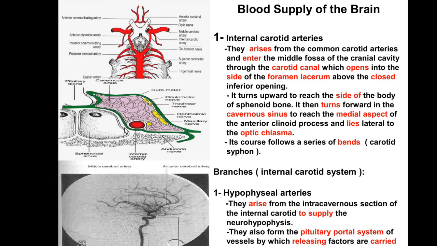Here you can see the internal carotid artery lying in the floor of the cavernous sinus lateral to the sphenoid sinus. Here is the pituitary fossa where the pituitary gland lies.